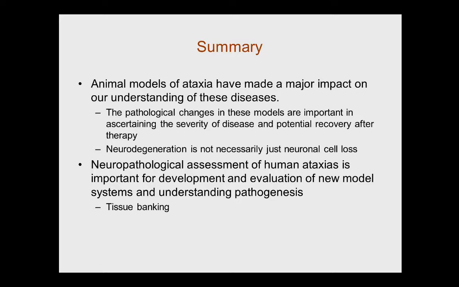So to summarize what I've gone over today, I think animal models of ataxia have really had a major impact on our understanding of these diseases. And I think the fact that we've been able to discover these genes has really advanced the field. I remember when I was a resident, I had several cases of ataxia, and trying to read the literature was just appalling.